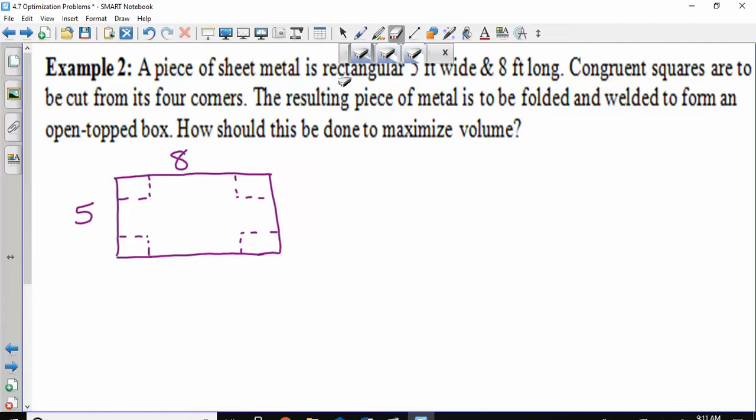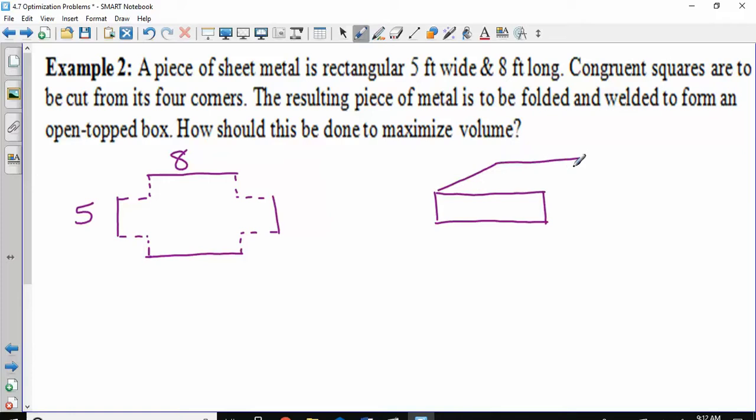So essentially when I cut those corners out, you are left with a piece of metal that looks like that. And so those 4 sides really create 4 tabs that you could then fold up to create your box. Can you guys visualize that? So we are going to get a box out of this. All right.